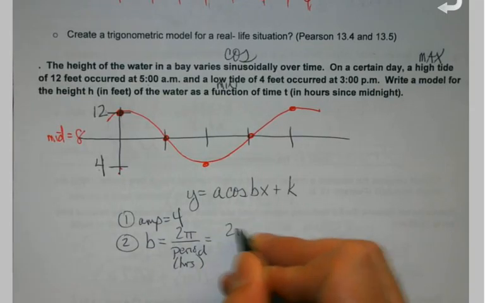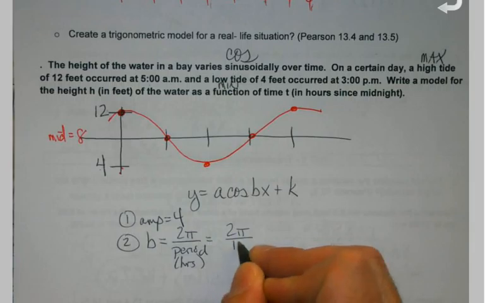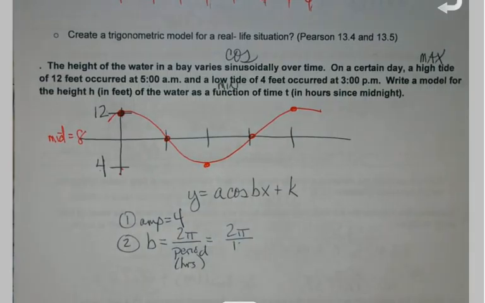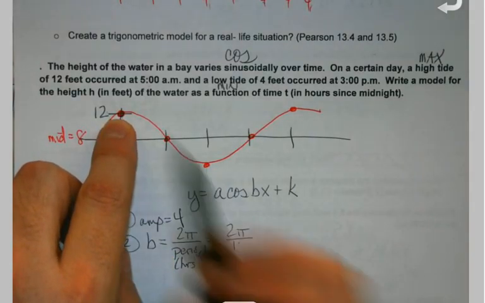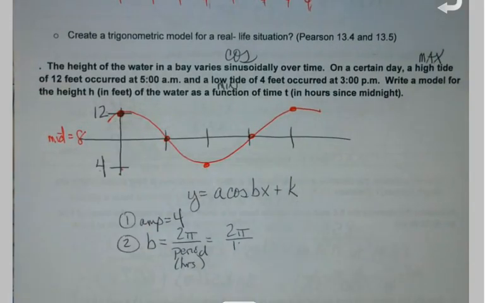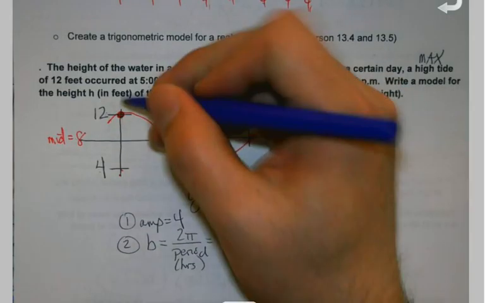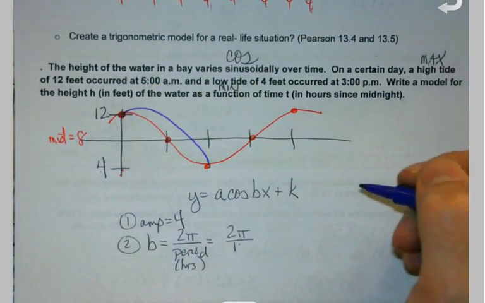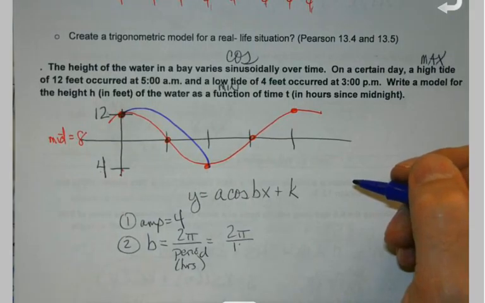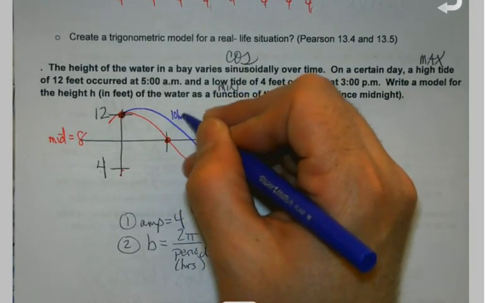In this case, that would be, I almost slipped up there, because as I started to look, I was only looking from here to here. My period would go from start to finish. So, I'd say, okay, from the high tide to the low tide here, it's not part of my graph, I'm just kind of labeling things for us, is 10 hours.